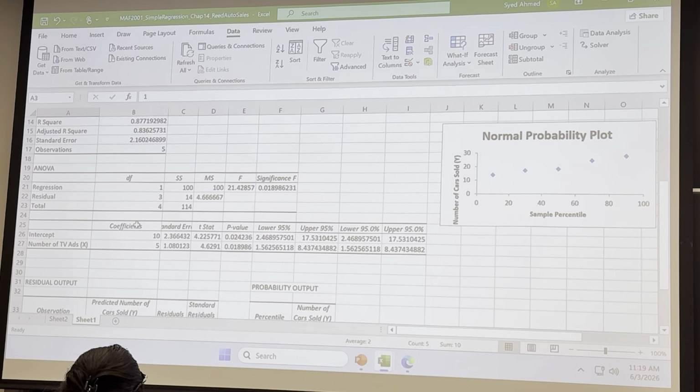SST divided by n minus 1, right? Is MST.